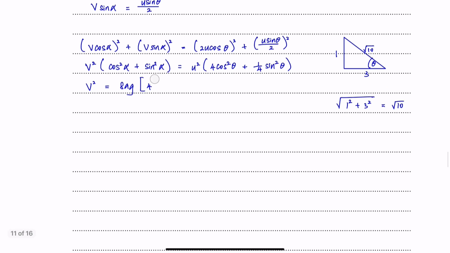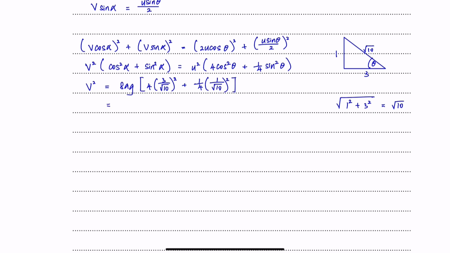So 3 over root 10 squared plus 1 over 4 times sine, which would be 1 over root 10, so 1 over root 10 squared.